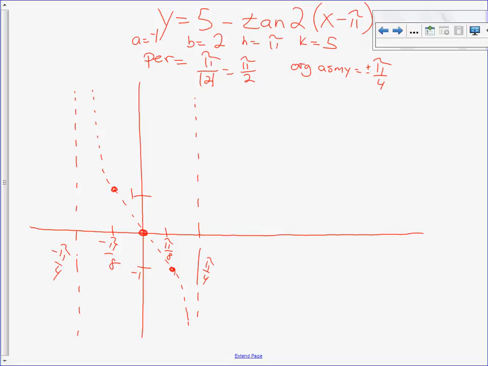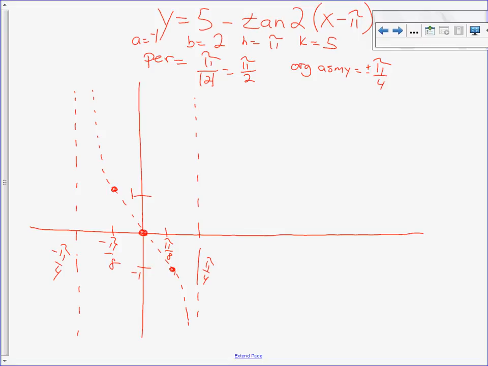Okay. Now, remember, everybody sees how this shift is going to deal with pi for your h value and 5 for the k value, right? So I'm going to show you how to do this just via ordered pairs before you worry about graphing it.